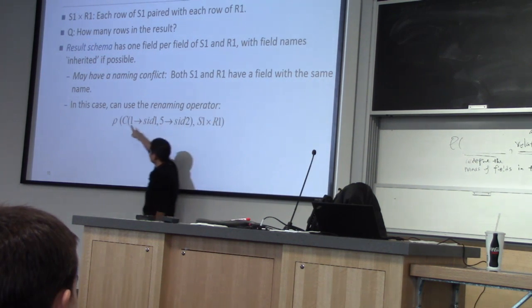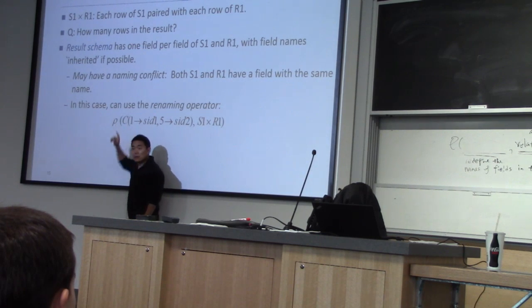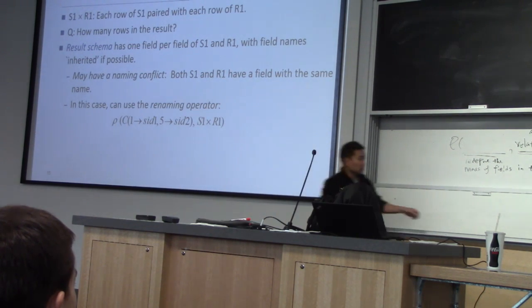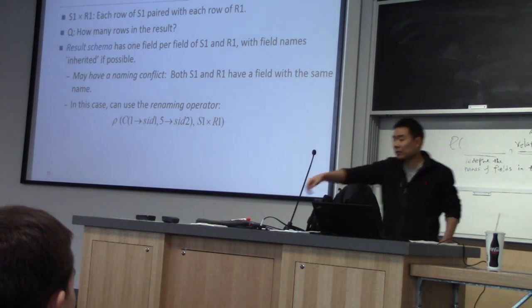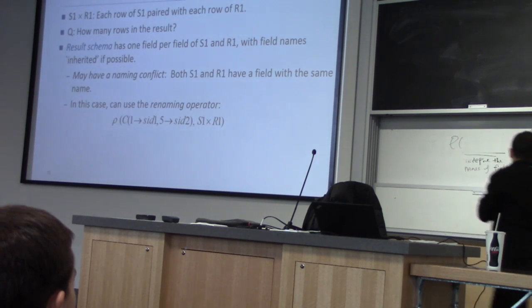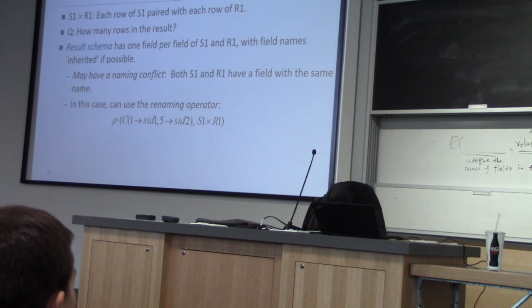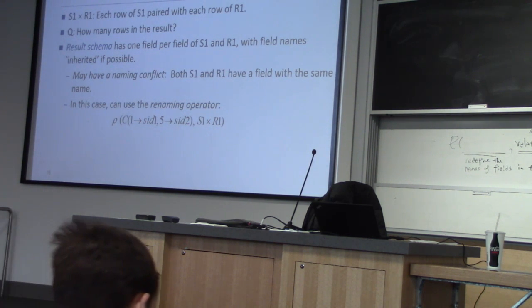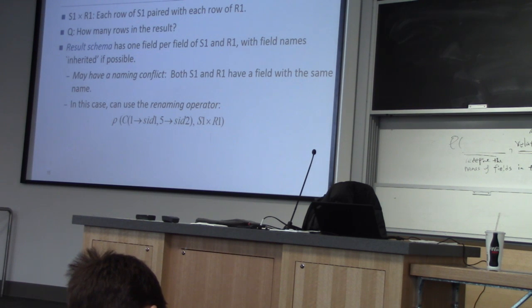I rename the whole thing to a schema called C. So subsequently, whenever I refer to the schema C, I know it is basically equal to this. Once you have done this, then subsequently you know C is essentially this.